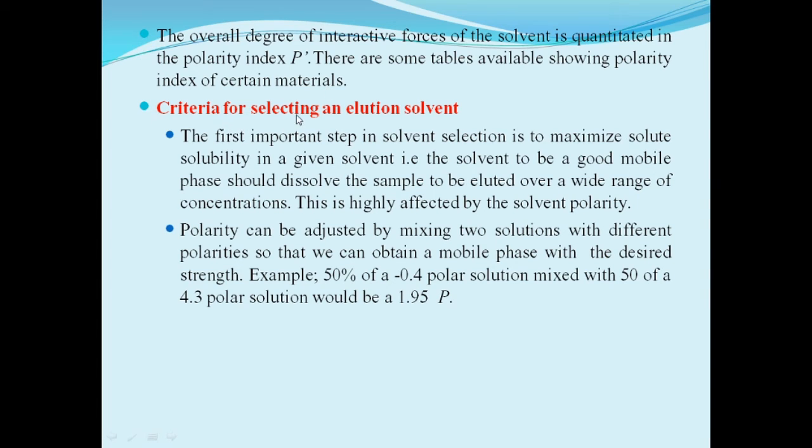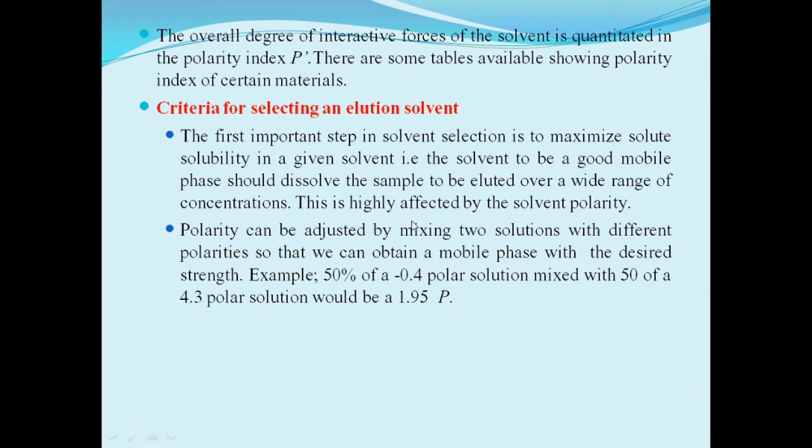Criteria for selecting an elution solvent. The first important step in solvent selection is to maximize solute solubility in a given solvent. That is, the solvent, to be a good mobile phase, should dissolve the sample to be eluted over a wide range of concentrations.